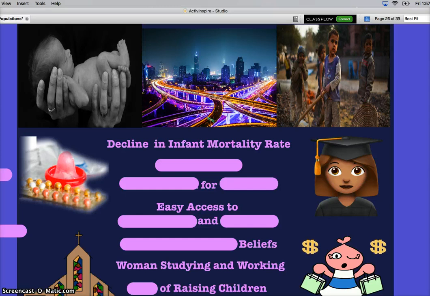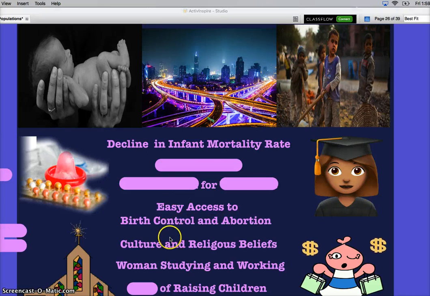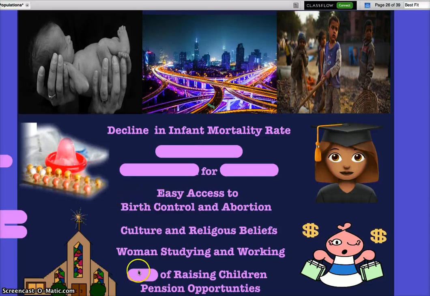What else? Birth control. The easy access to them, and sadly to this, which I'm not even going to say the word. But what else? Cost of raising children. Good job. There used to be a saying where 1 eats, 5 eat.